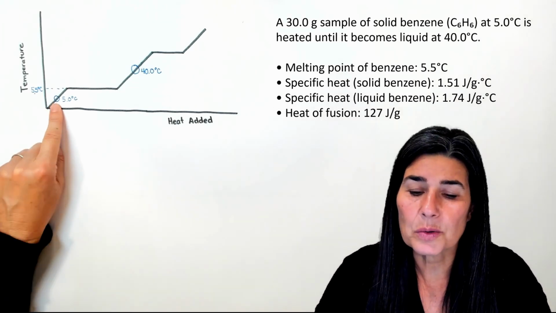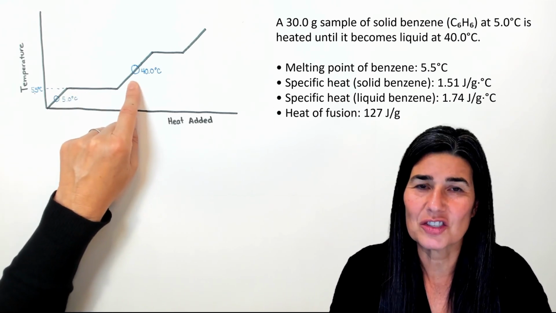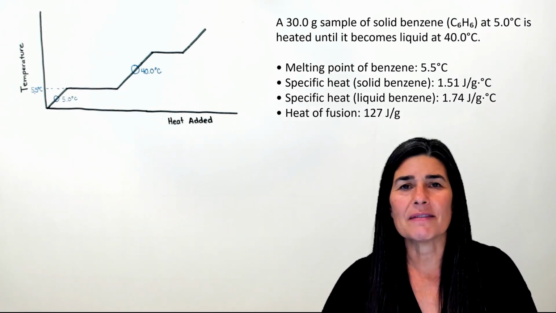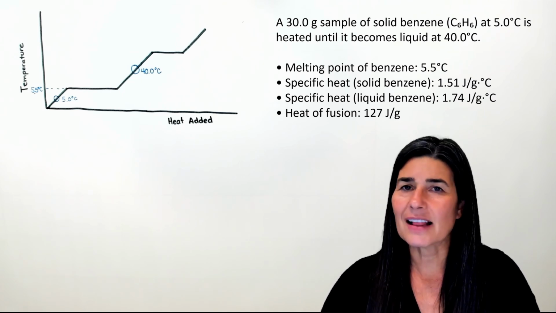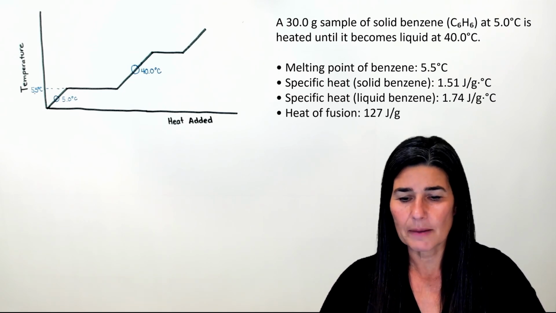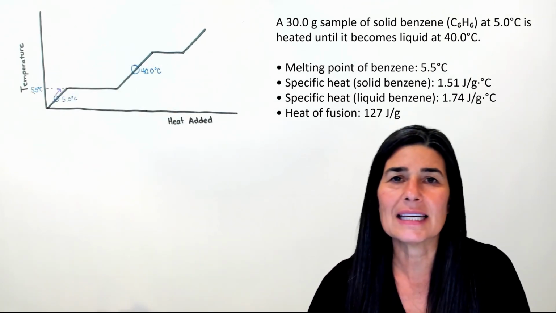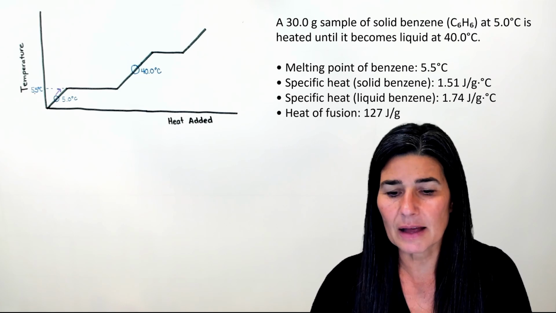We're going to have to go through a temperature change, a phase change, and then a final temperature change. I like to calculate each one of these separately and then just tally all those energy changes together to get my overall energy change. Let's start off with the first one, the temperature change needed to heat solid benzene up.